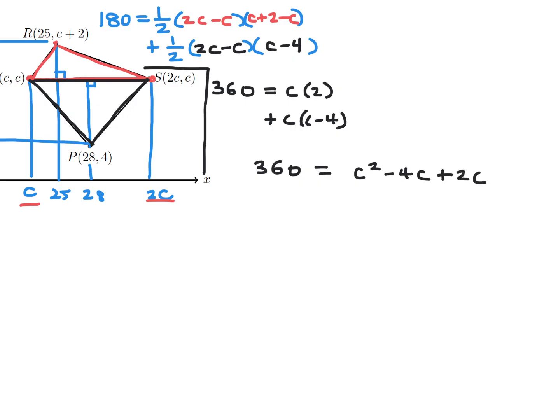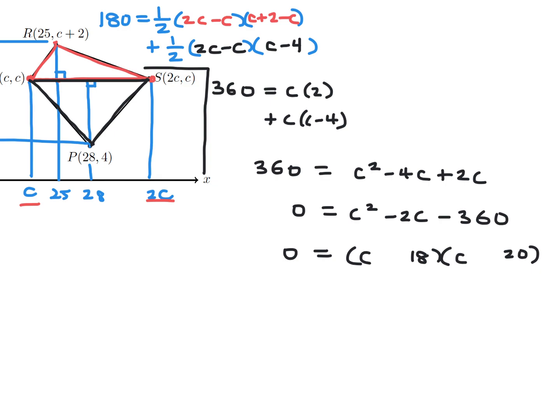Put everything on one side, and that would be 0 is equal to C squared minus 2C minus 360. And I think this should factor, let's see here, 20 and 18. And C positive, negative. Yeah. And therefore C is 20. That's the only positive value of C.